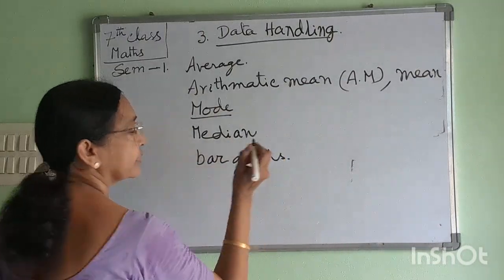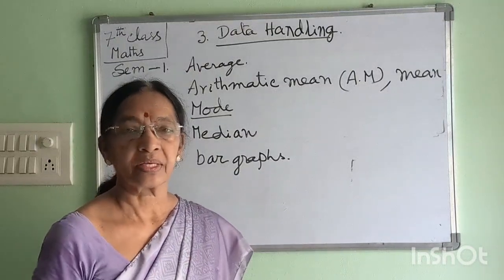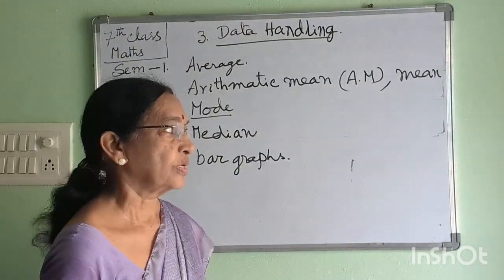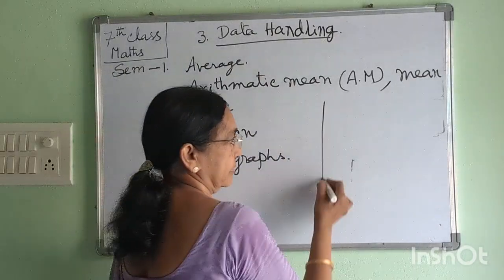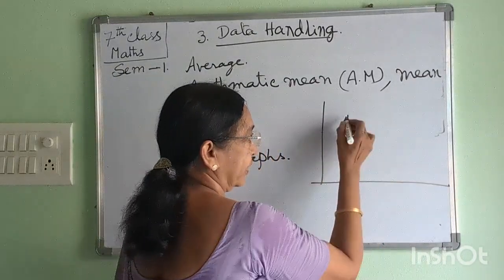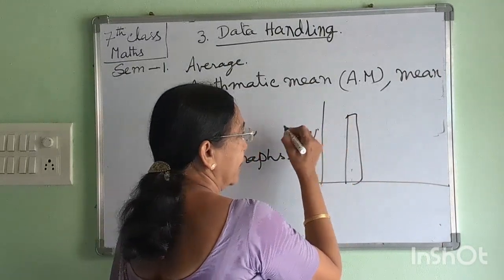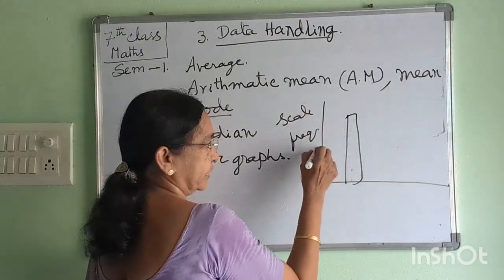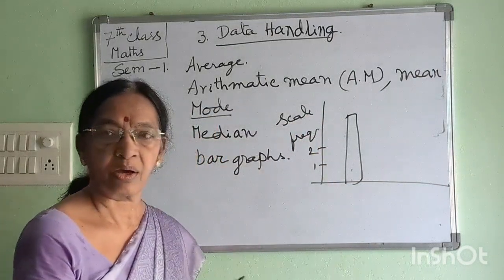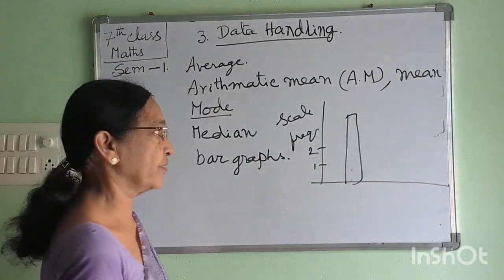Bar graphs represent a collection of data in the form of bars. Taking a scale, the length of the bar depends upon the frequency. Here we take a scale such as 1 unit equals 10 or 20 or 100, depending upon the values of the frequency.